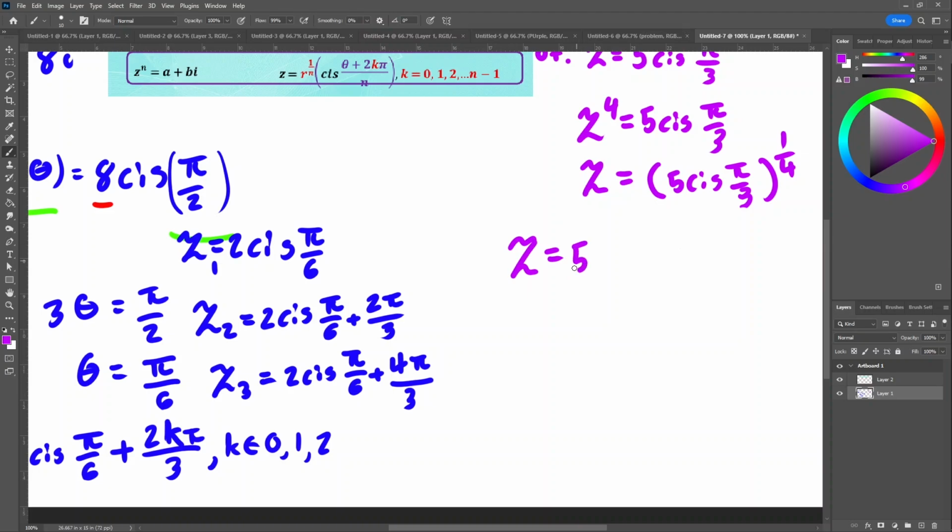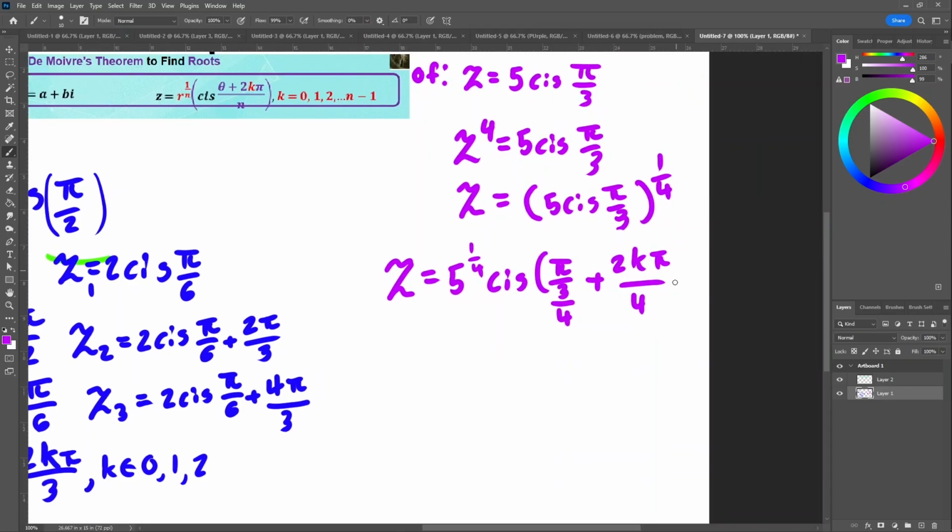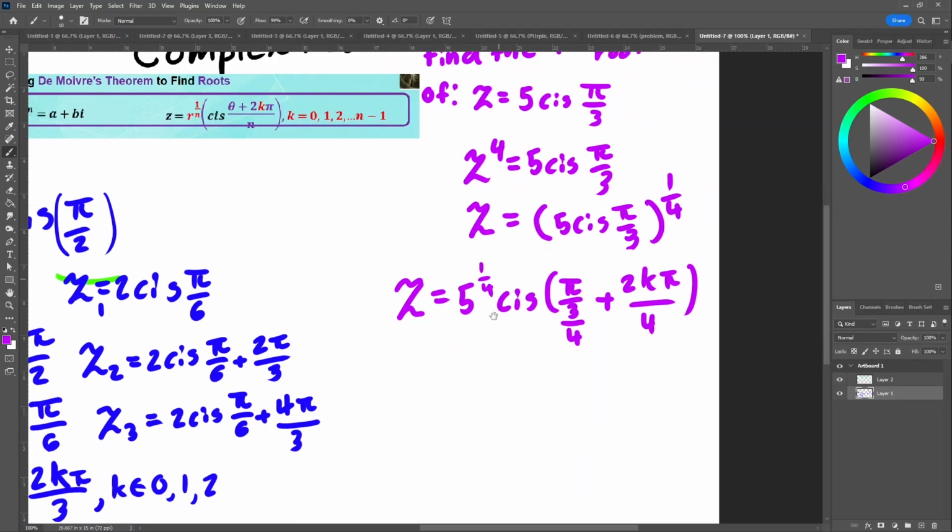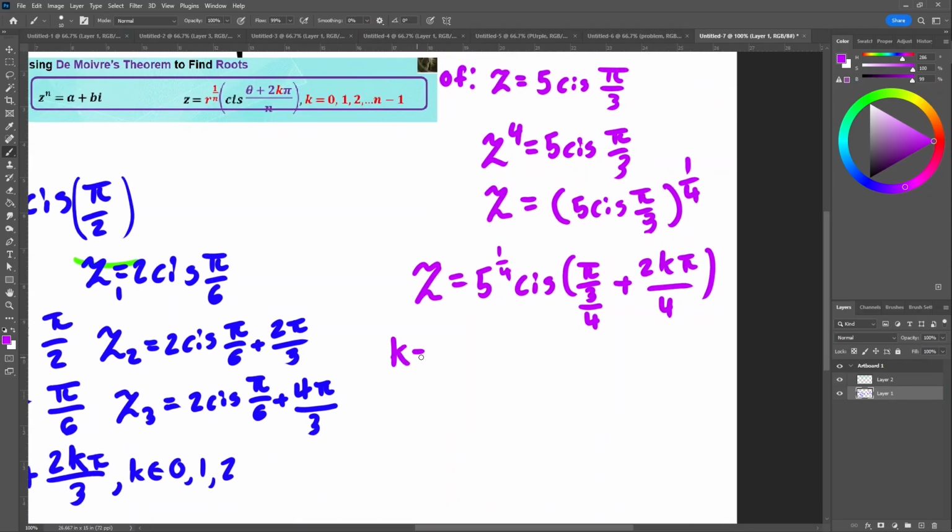Z is equal to 5 to the 1/4 times cis pi over 3 over 4 plus 2k pi over 4. And in this case, because we have the 4th root, k includes 0, 1, 2, and 3, because we want n solutions.